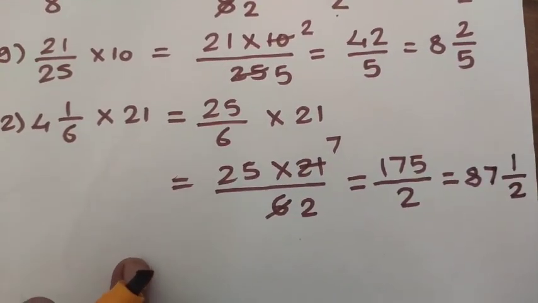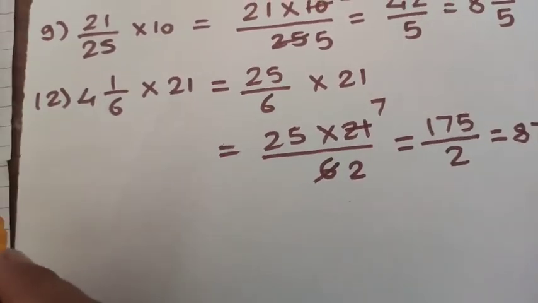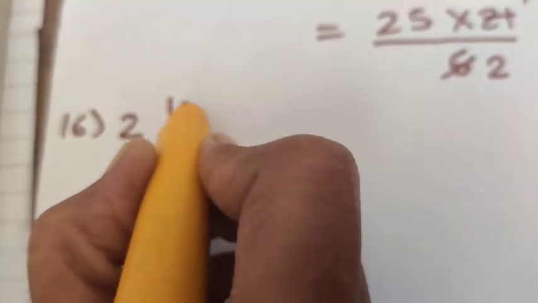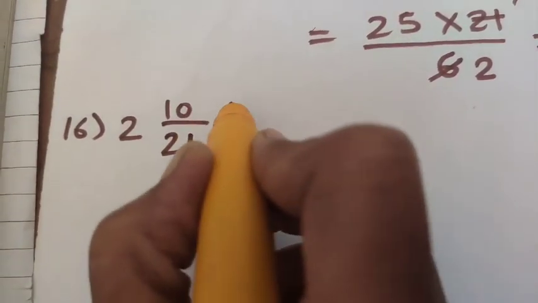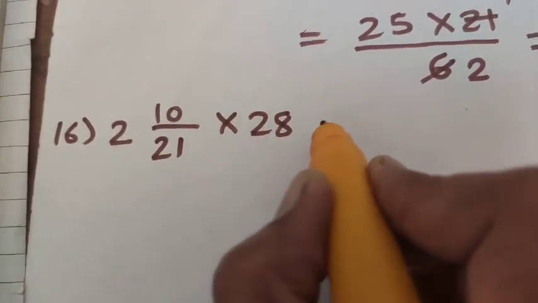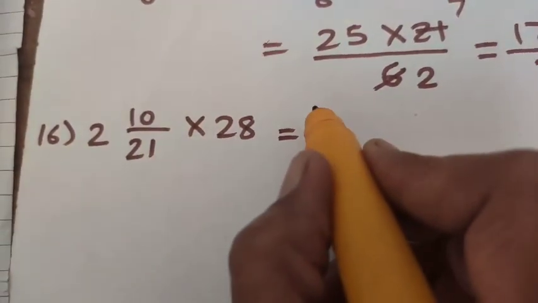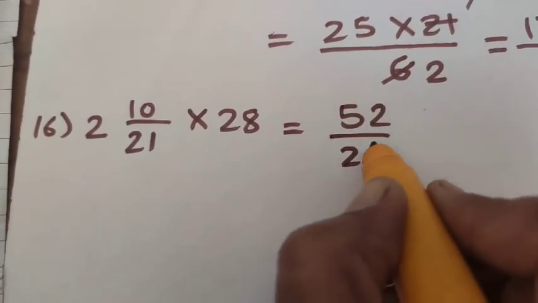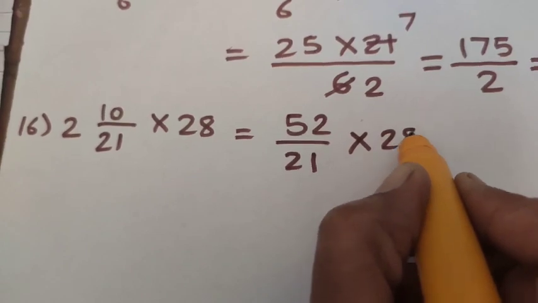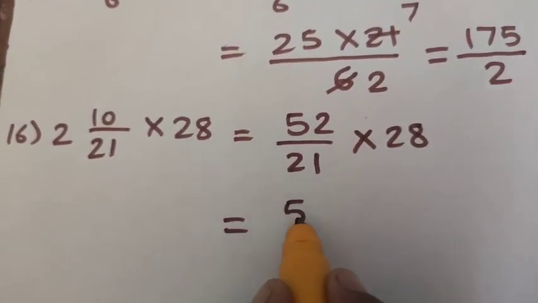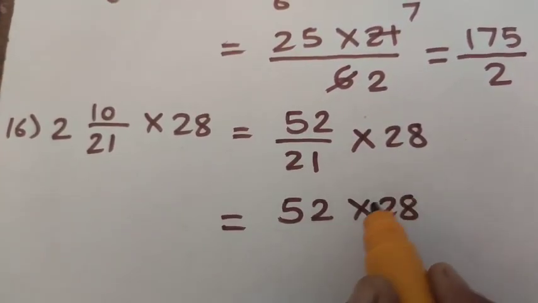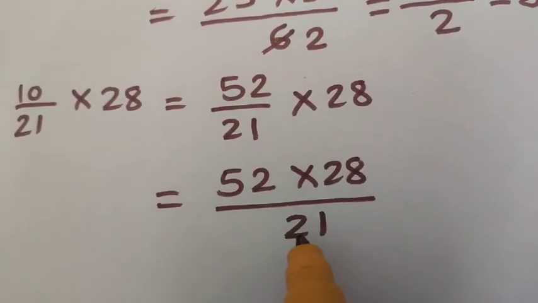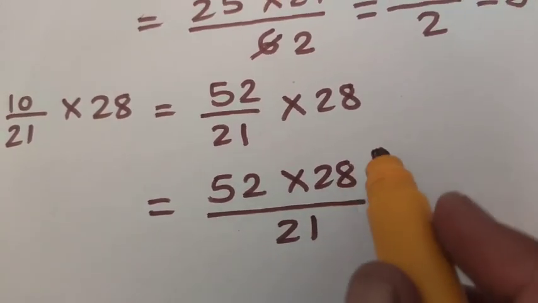Okay, now one last question I am solving now, mixed fraction only. 16 question. 2 integer 10 by 21 multiplied by 28. So 21 2s are 42, 42 plus 10 52 upon 21 multiplied by 28. 52 multiplied by 28 upon 21. ओके, दोनों का एक ही डिनोमिनेटर लिखना है, अलग अलग दो यहाँ पे मल्टीप्लिकेशन नहीं करने आपको.